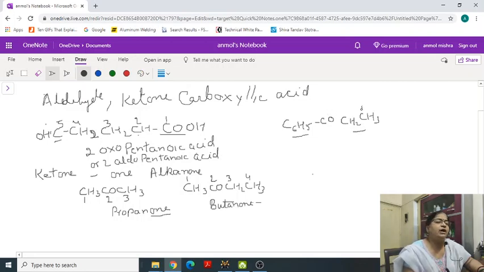So phenyl is at 1, then 1, 2, 3. So naming will be 1-phenylpropanone-1.